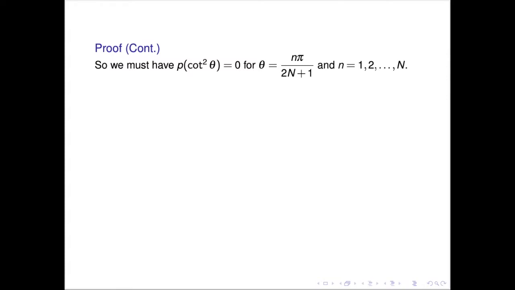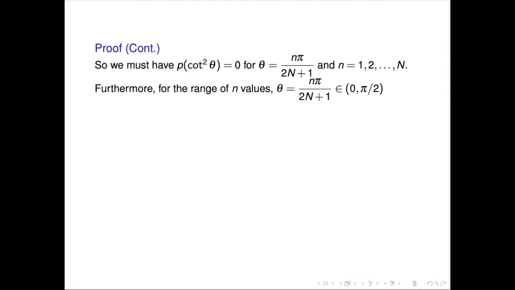On the left hand side, sin^(2N+1)θ is never 0, and so it follows that p evaluated at cot²θ must be equal to 0 for all the capital N different values of little n. That is, for theta equal to nπ/(2N+1), when n equals 1 all the way up to capital N, we have p(cot²θ) equals 0.